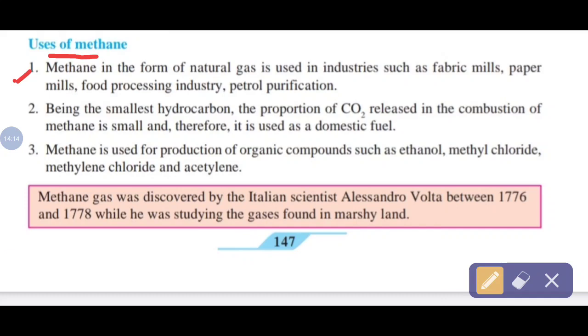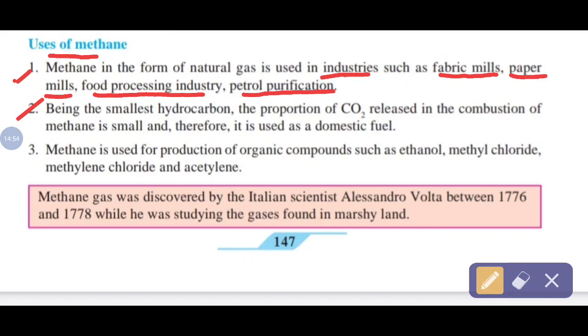Methane in the form of natural gas is used in industries such as fabric mills, paper mills, food processing industry, and petrol purification. That is the first use.